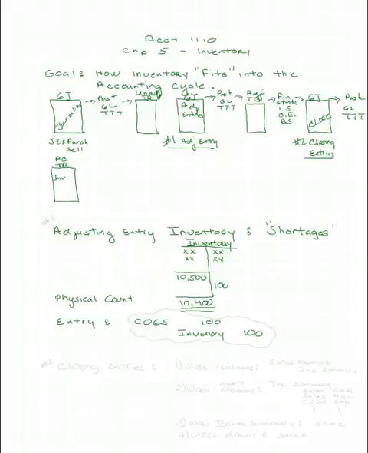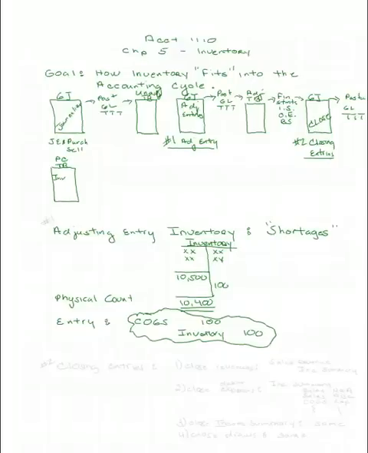So the entry, the debit, as long as it's a normal shrinkage amount, is into cost of goods sold. The reason is, a lot of people think that holding shrinkage is a normal cost of holding inventory. There's a normal amount of shrinkage that you could expect to happen.